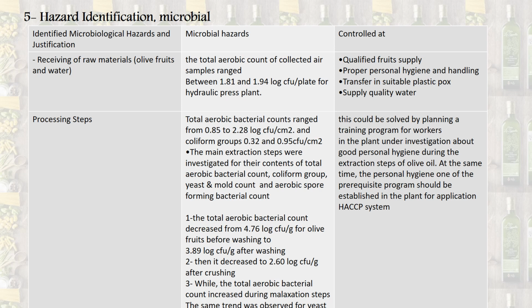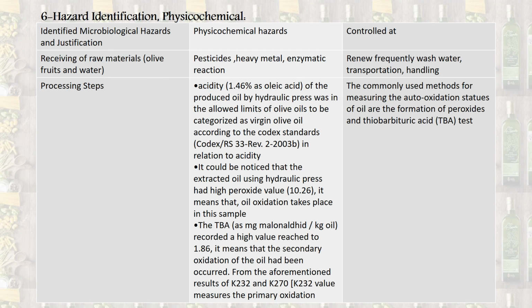While the physicochemical hazards can be described as the pesticides, the heavy metals, and the enzymatic reaction in the raw olive, during the processing steps they include the acidity. The acidity increased to 1.46% in the olive oil produced by hydraulic press, which exceeds the allowed limit according to the Codex.